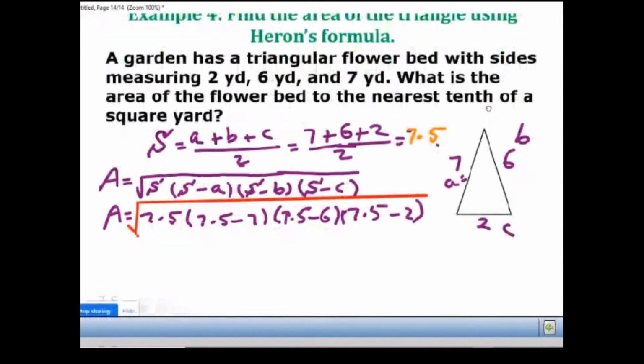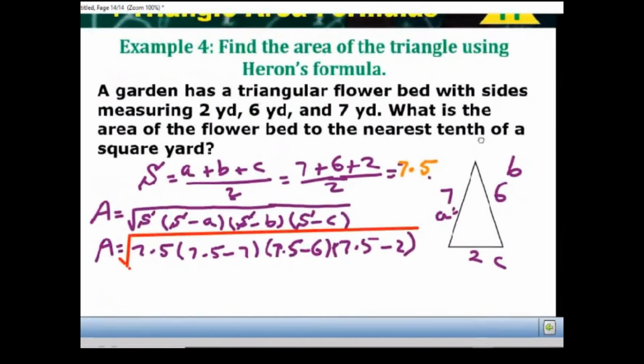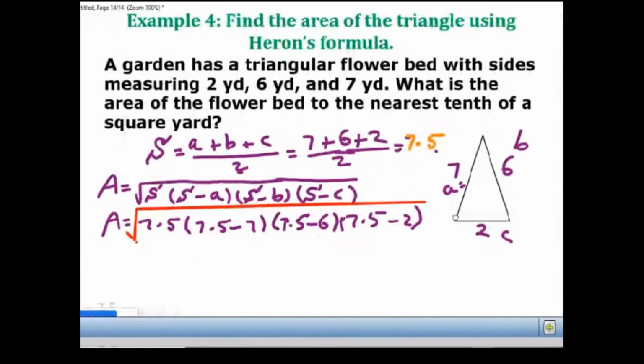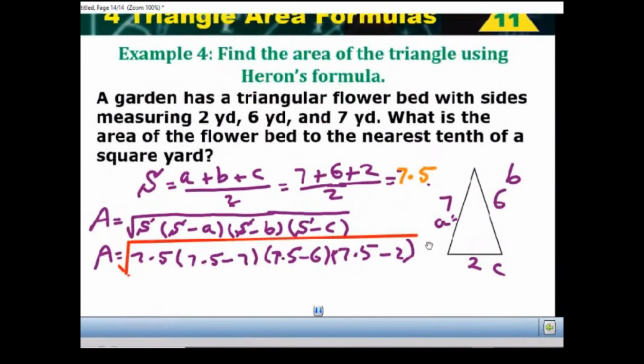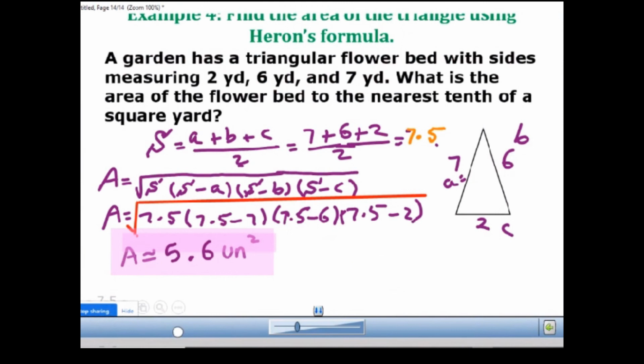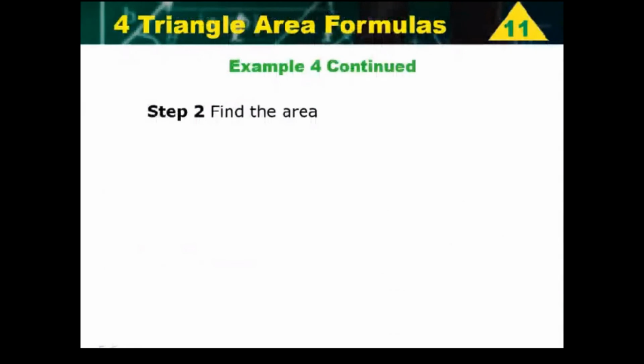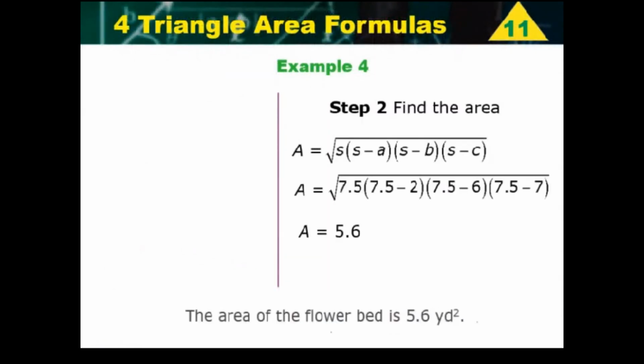Can anybody chime in? Tell me how much you got for this. Well, believe it or not, this whole thing, 5.6 is the area for this triangle, in square yards.